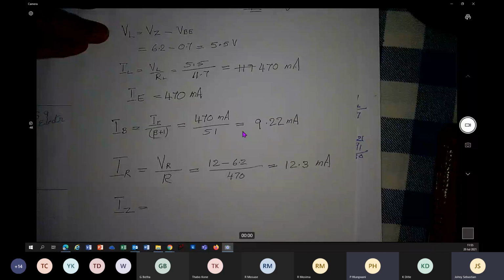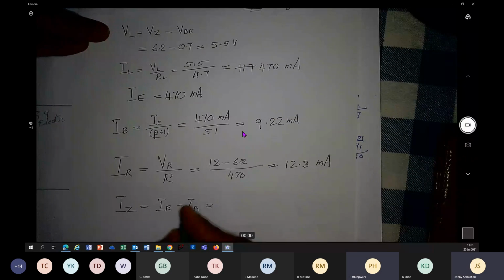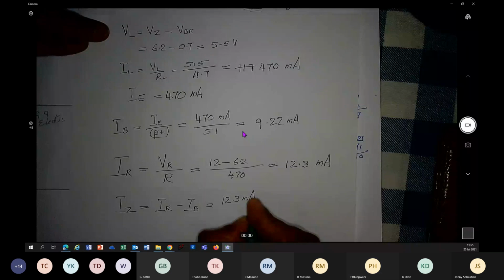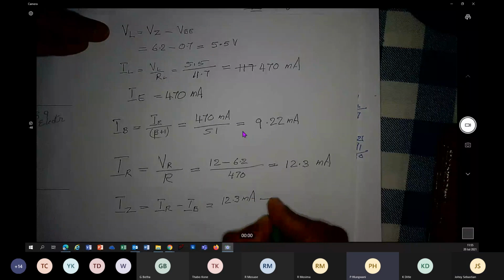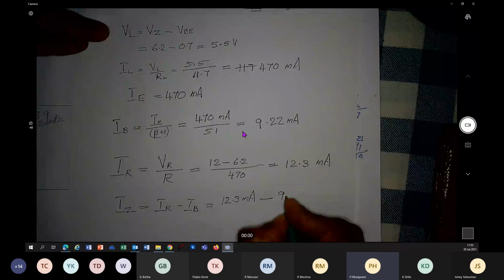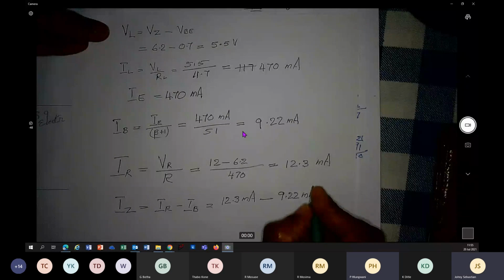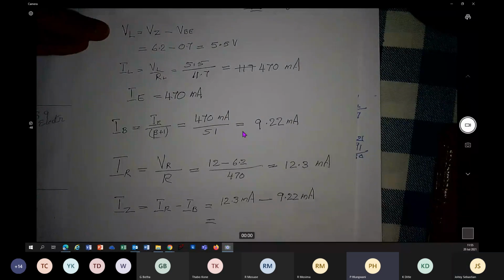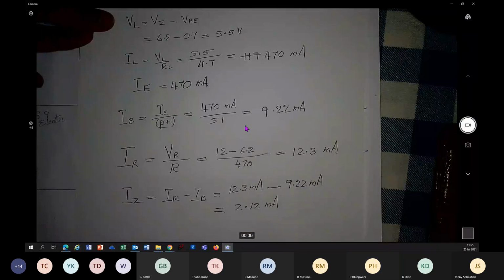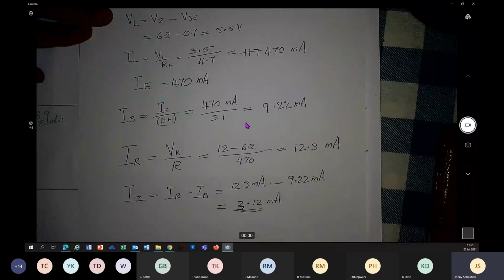How much is IR? IR is 12.34 milliamps and IB is 9.22 milliamps. The answer is 3.12 milliamps. So we found Zener diode current.